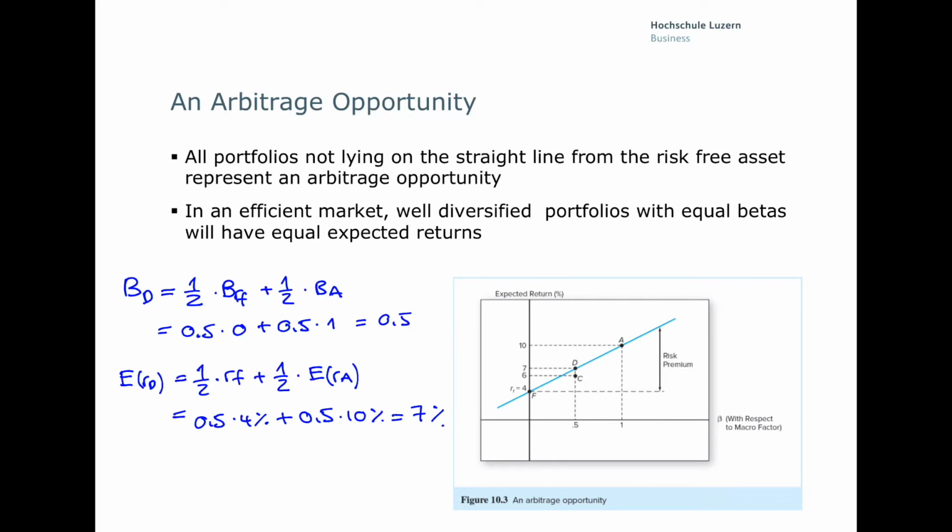Now portfolio D has an equal beta but a greater expected return than portfolio C. From our analysis in the previous paragraph, we know that this constitutes an arbitrage opportunity. We conclude, to preclude arbitrage opportunities, the expected return on all well-diversified portfolios must lie on the straight line from the risk-free asset.